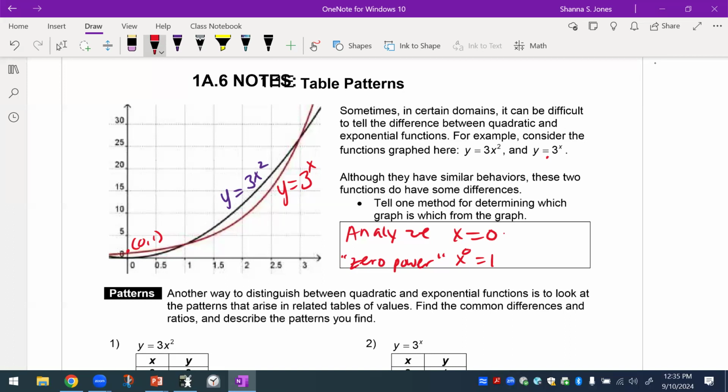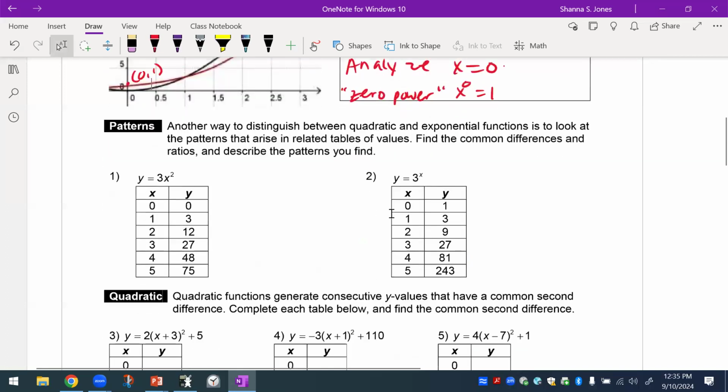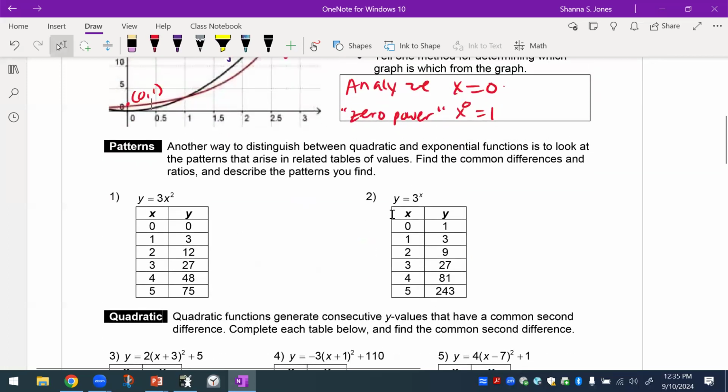All right. So we're going to talk about patterns. Another way that you can determine whether a function is exponential or quadratic is by looking at the table. Clearly, I already have them labeled, right? So we already know that this is the quadratic, but we're going to talk about why.